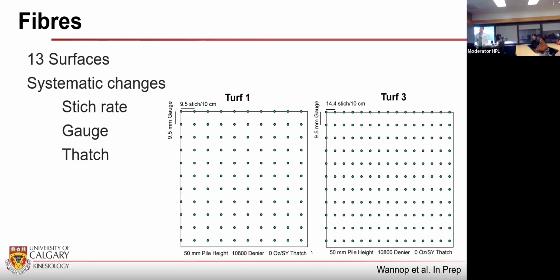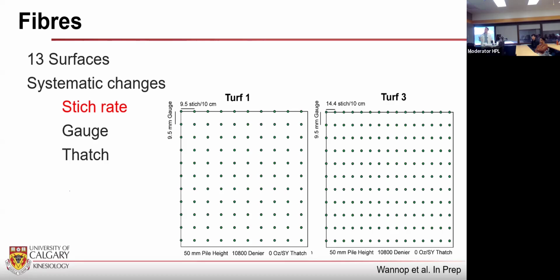And the last component that we wanted to investigate was the fibers of the surface. We had 13 surfaces that had systematic changes in 3 main components of the turf fibers. The first was the stitch rate. Comparing turf 1 to turf 3, that is the distance between adjacent fibers. Turf 1 has 9.5 stitches per 10 centimeters, while turf 3 has 14.4 stitches per 10 centimeters.